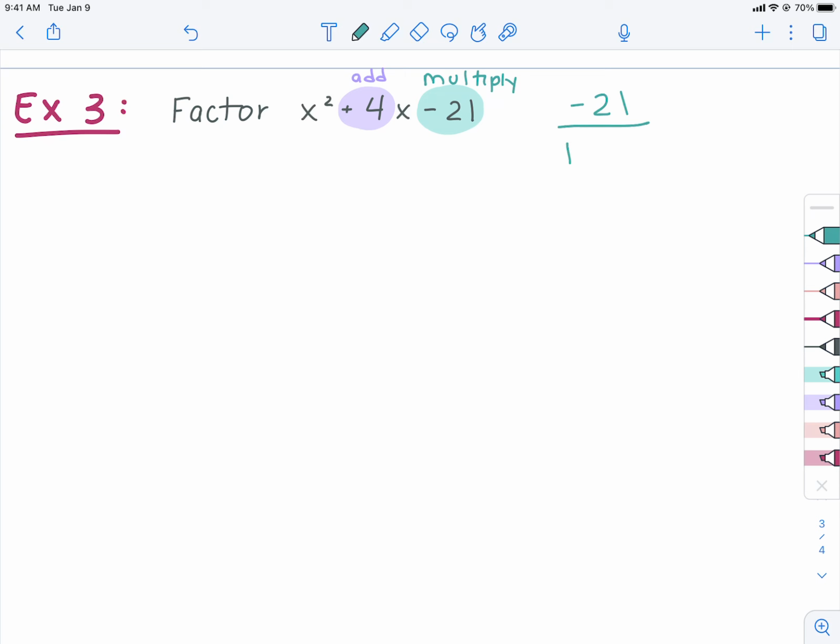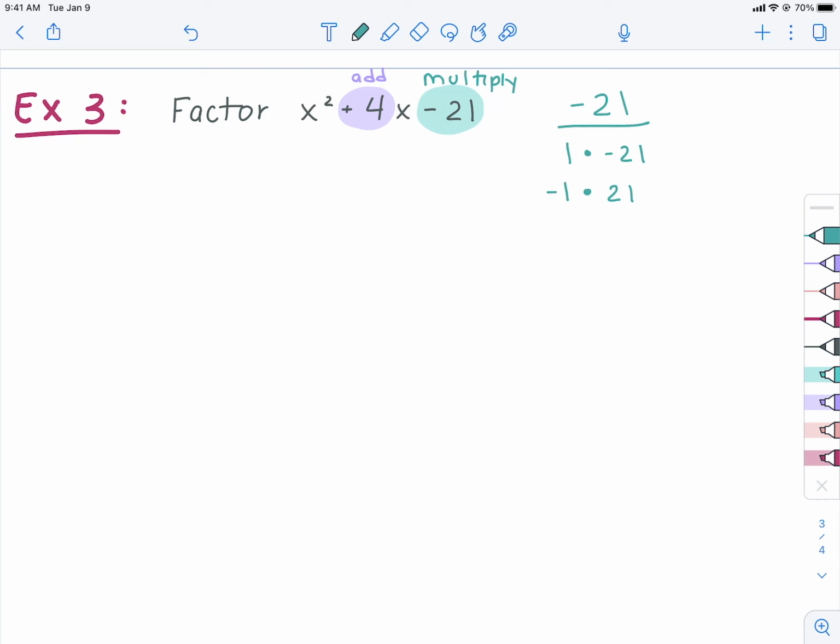Again, I'm just going to start with 1. 1 times negative 21 will give me negative 21. But I also know that with negative numbers, I can switch them. So I could also have negative 1 times 21. Both of those would give me negative 21 when multiplying. Does 2 go into 21?